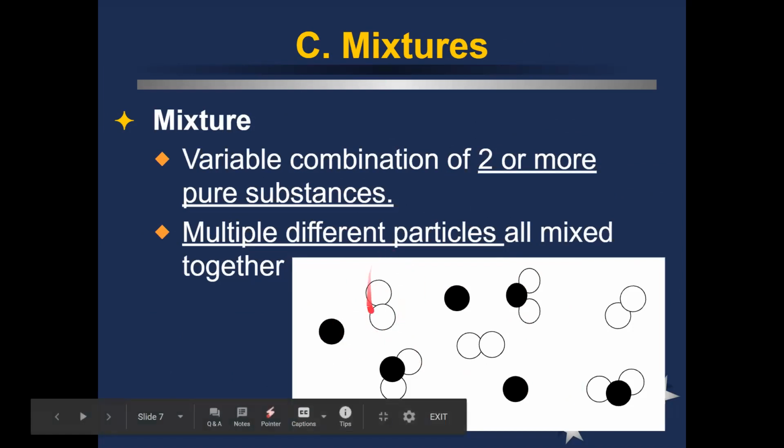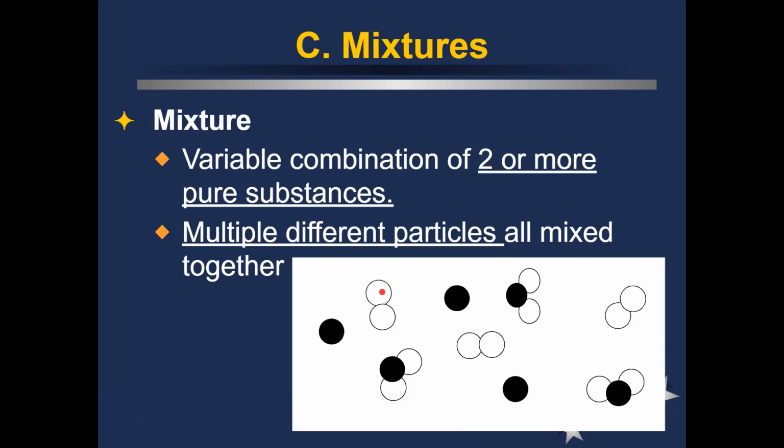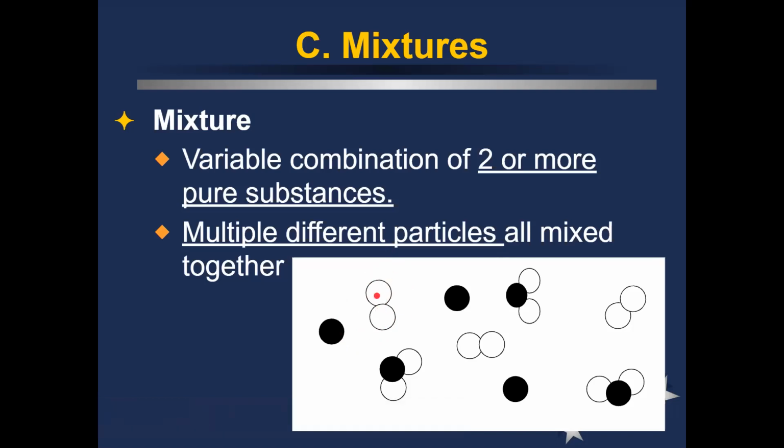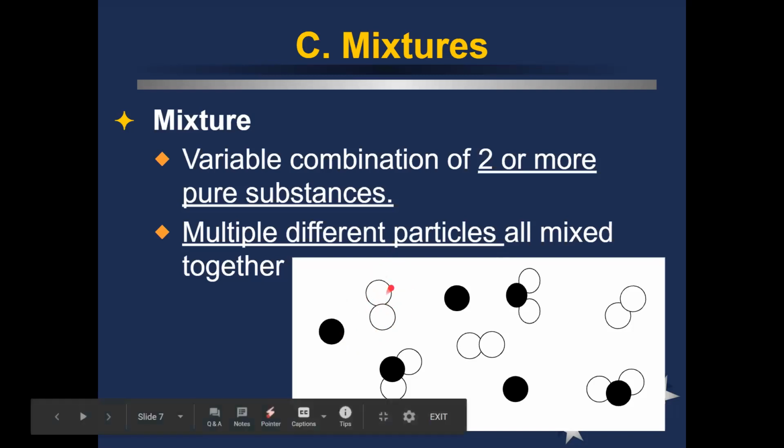So this guy is still an element because even though there are two atoms, they are the same atom. So this would be like if we had two hydrogen atoms or two oxygen atoms stuck together. Since they're both the same, they're still an element. This is not a compound.